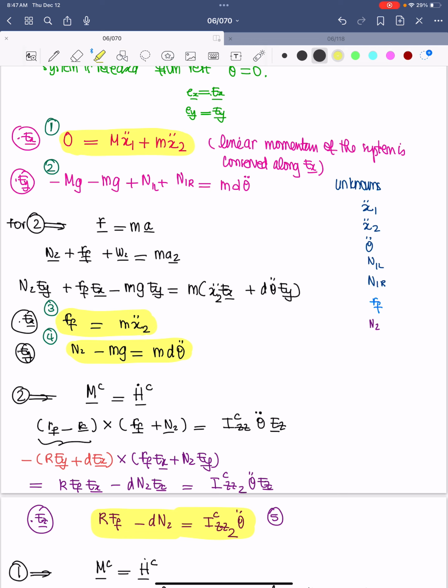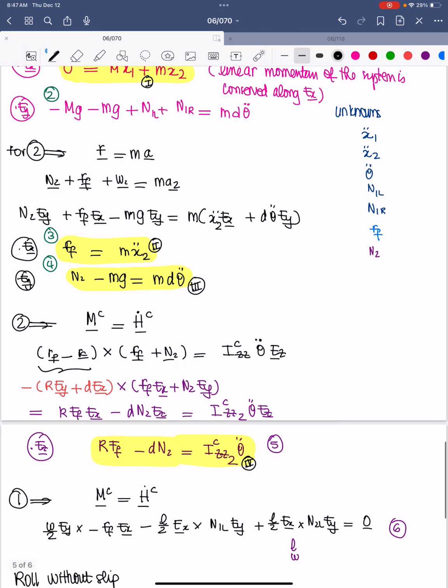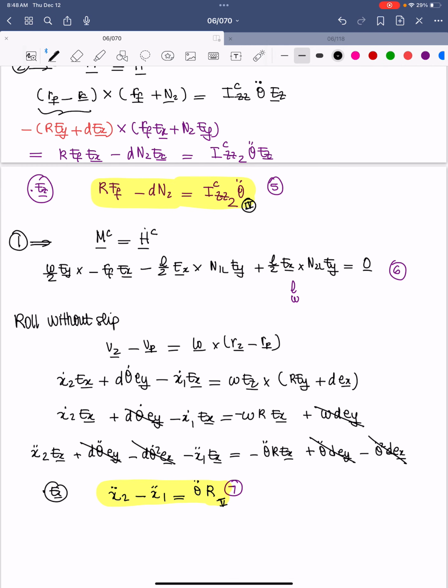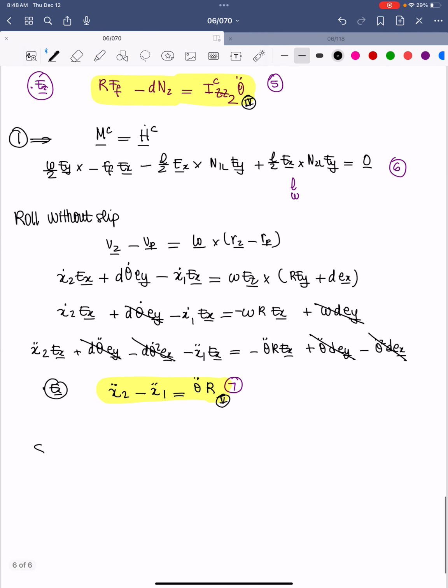Okay, so then these equations 1, 2, 3, 4, and 5 have the 5 unknowns, which are all of these unknowns except N1 L and N2 L. So we can solve 1 through 5 for x double dot 1, x double dot 2, theta double dot, N2, and the friction force.